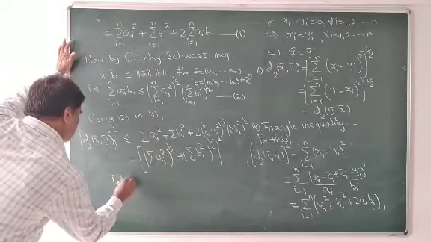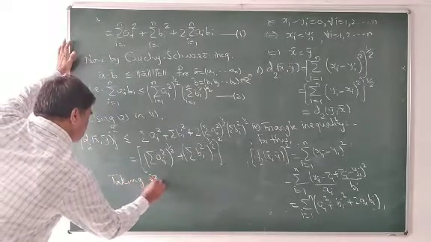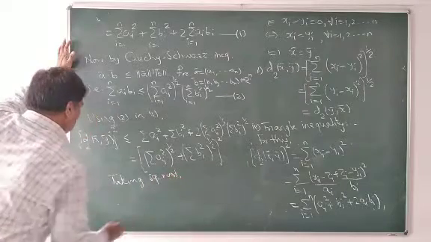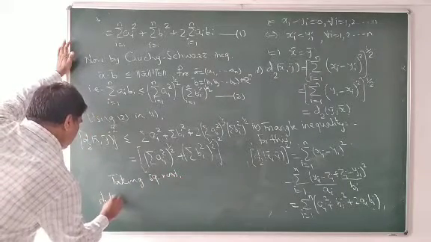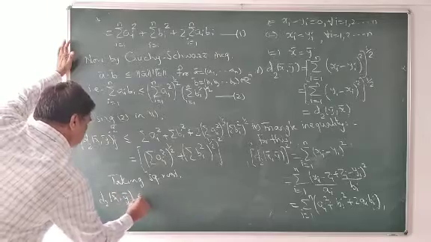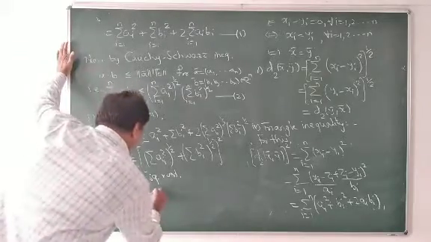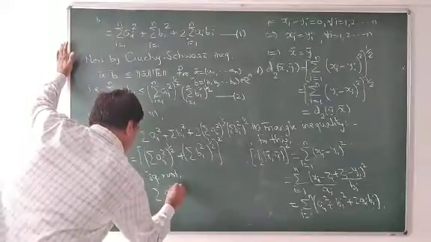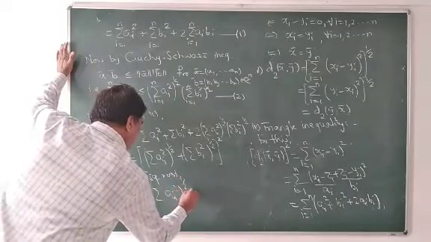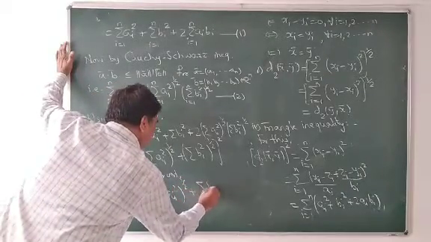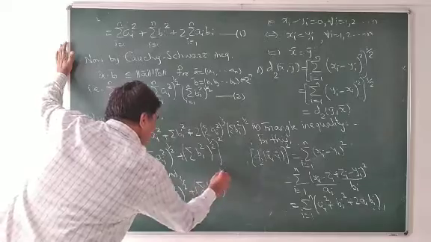Taking square root, we will get d2 of x bar y bar is less than or equal to summation of ai square raised to half plus summation of bi square raised to half.